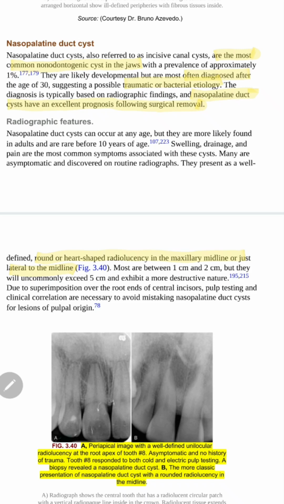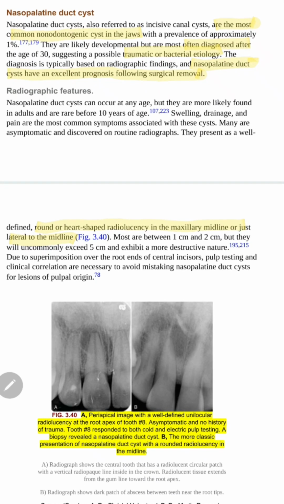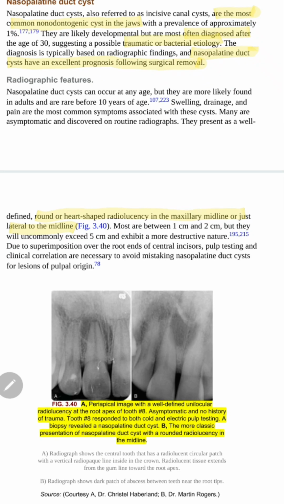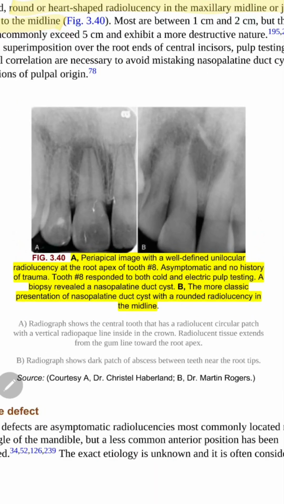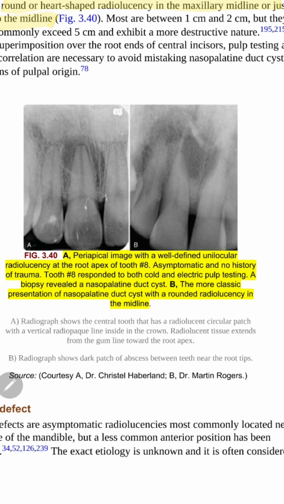They are the most common non-odontogenic cysts in the jaws. They are often diagnosed after a traumatic injury. Let's take this as an example: the tooth was asymptomatic with no history of trauma, so it can be associated with trauma or not.